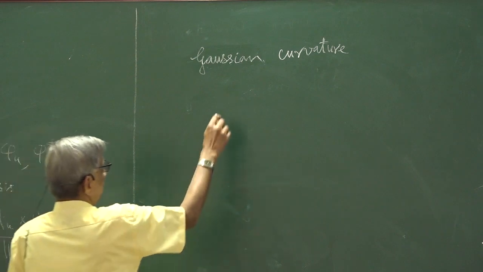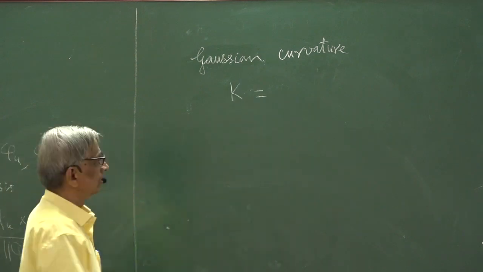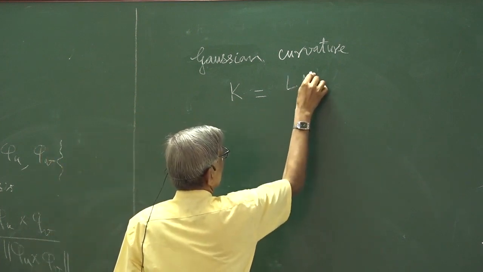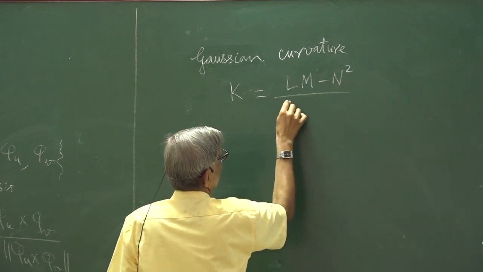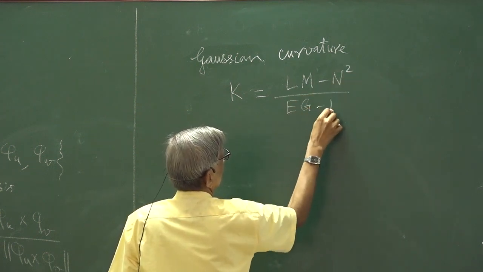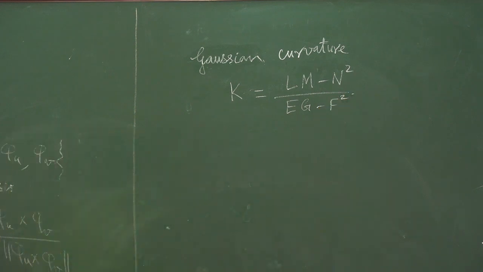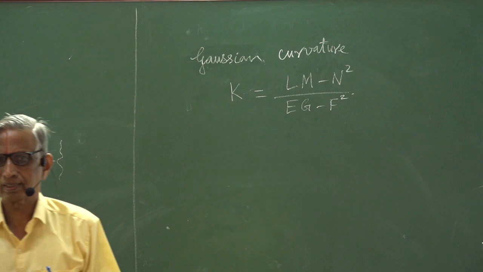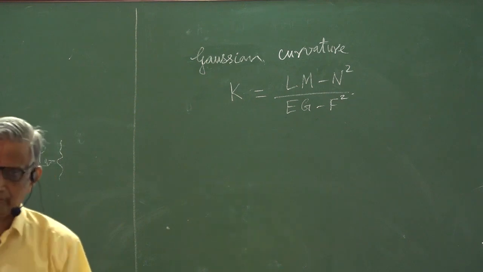K at any point is given by, where E, F and G are the coefficients of the first fundamental form.